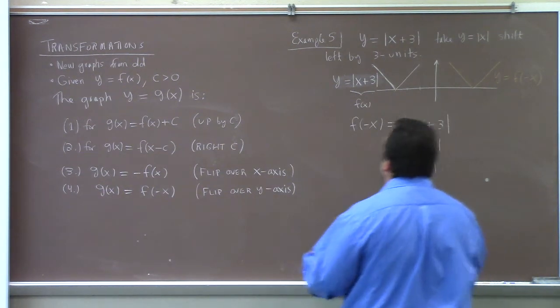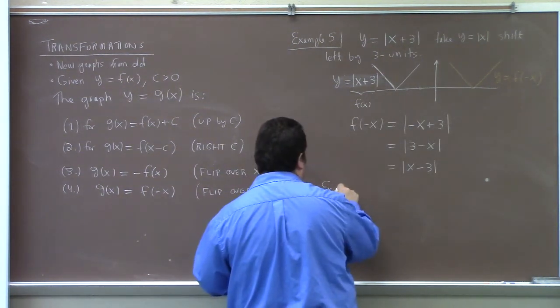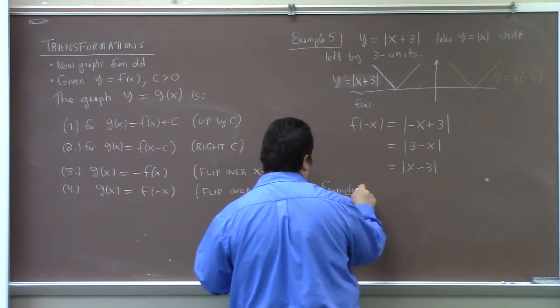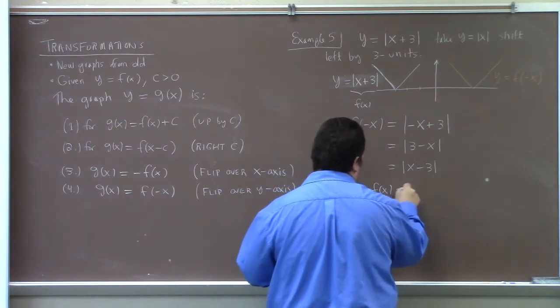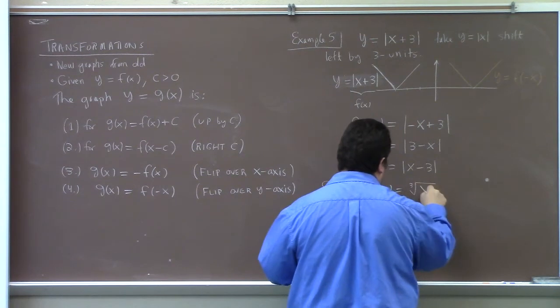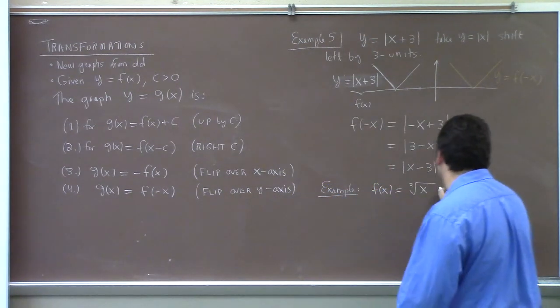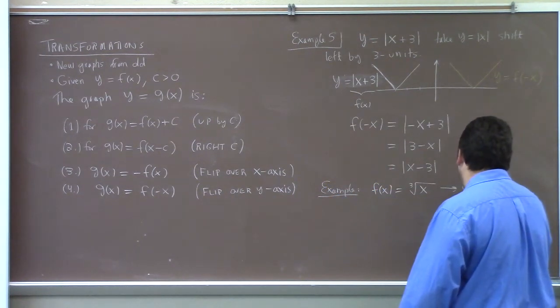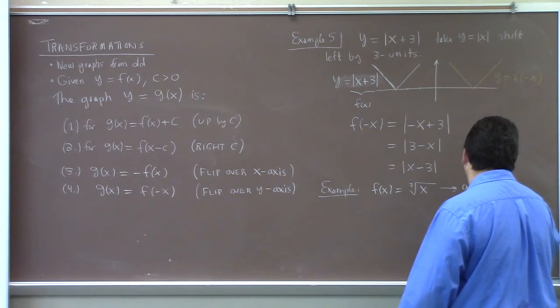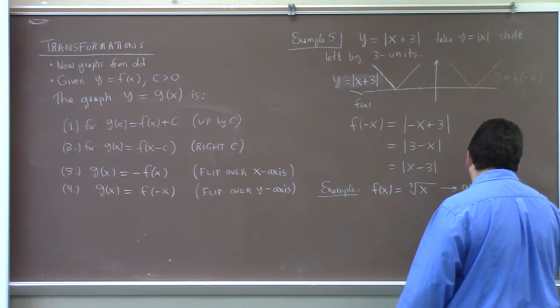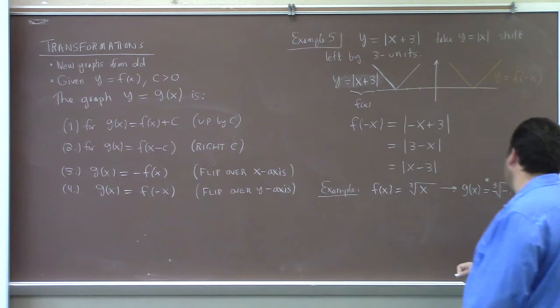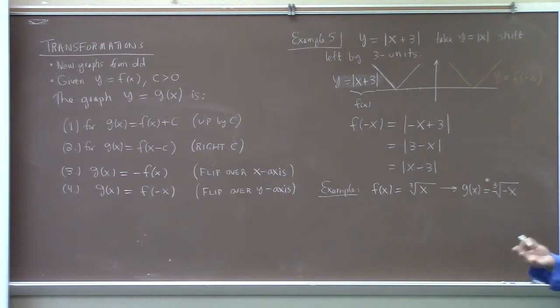Another example, we could look at f of x equals the cube root of x, then g of x equals the cube root of minus x. What's that look like? What happens when you take the cube root of minus something?